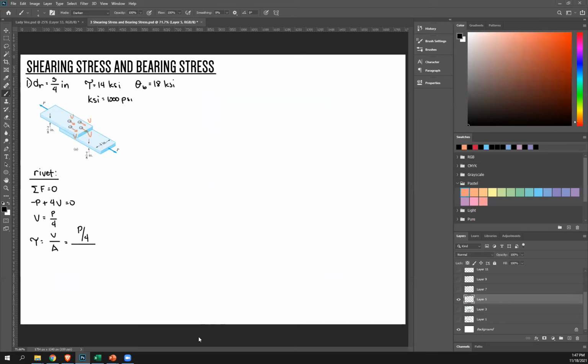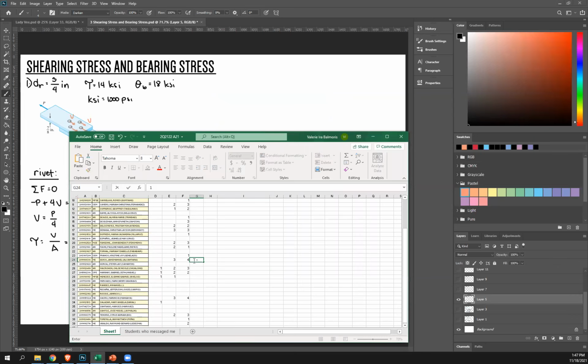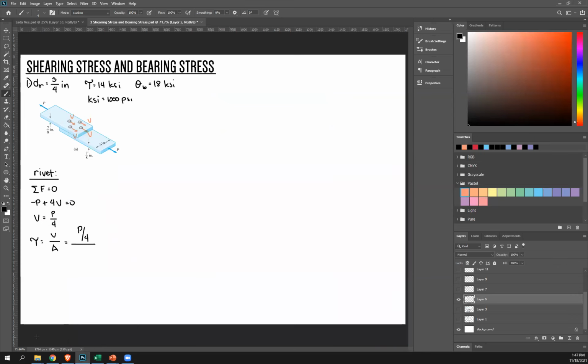Anyone? Correct. It's pi over 4 d squared or pi r squared. What we have is diameter though, so I'm going to use pi over 4 d squared.